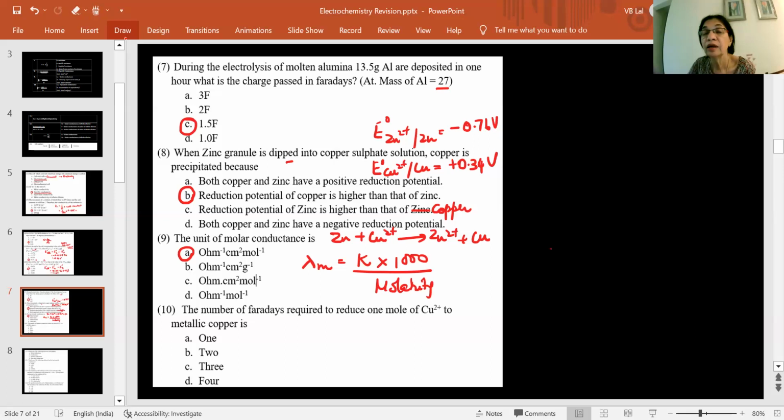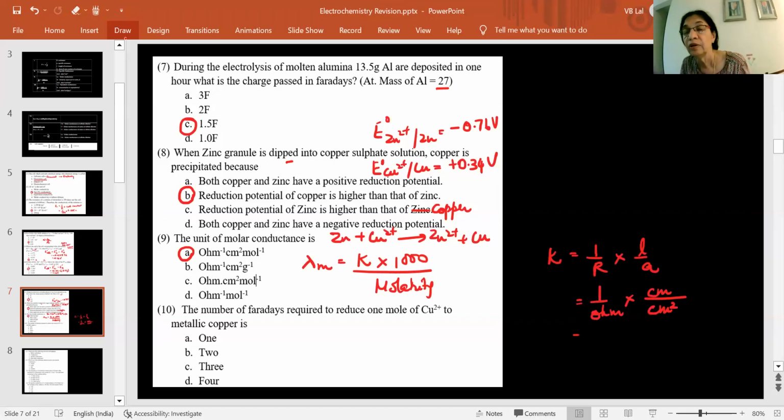Conductivity kappa is equal to 1 by R into L by A. So R is ohm. So 1 by ohm into length centimeter by centimeter square. Right? So what is the unit for kappa? It is ohm minus 1 and centimeter minus 1. That is for conductivity, specific conductance.